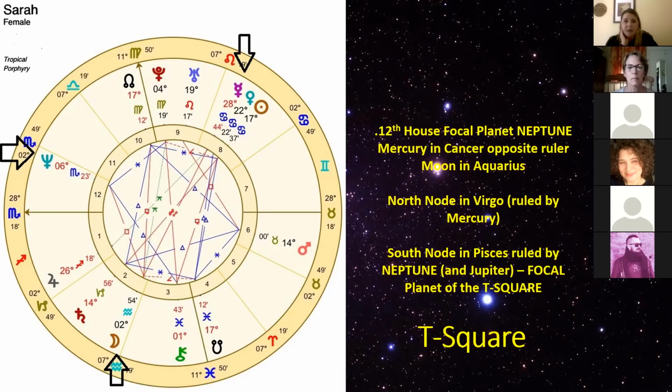The North Node is in Virgo, ruled by Mercury, so that Mercury is important for her North Node unfolding. The South Node in Pisces is ruled by Neptune, which is a focal point. So you can see how her nodal axis is a part of the T-square rulerships by planets. Okay, so they're going to be very significant here.